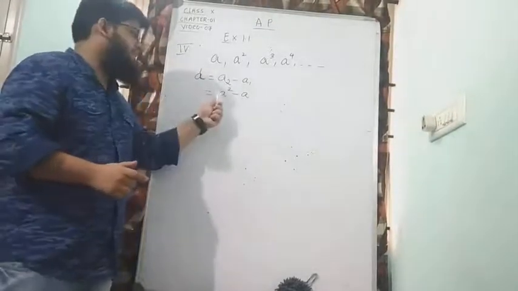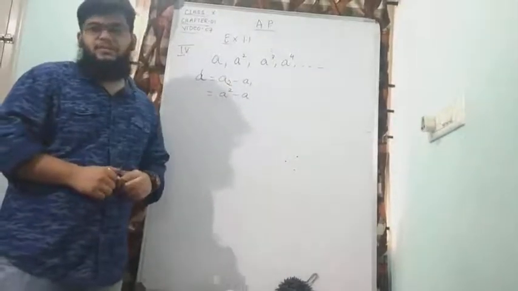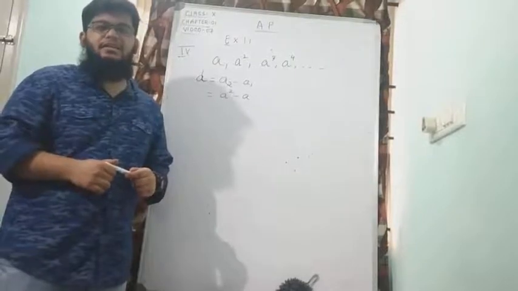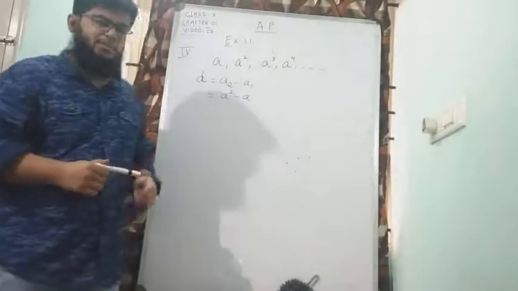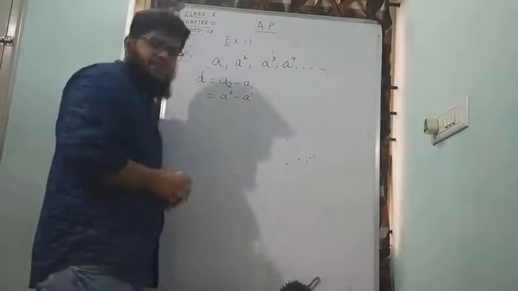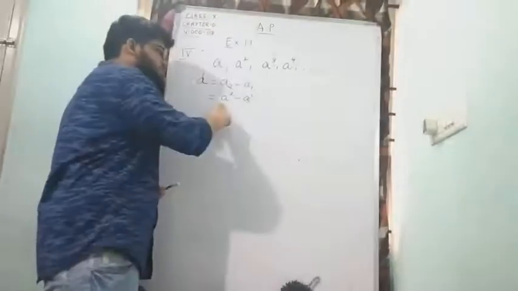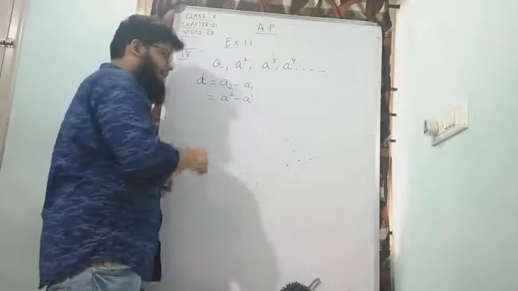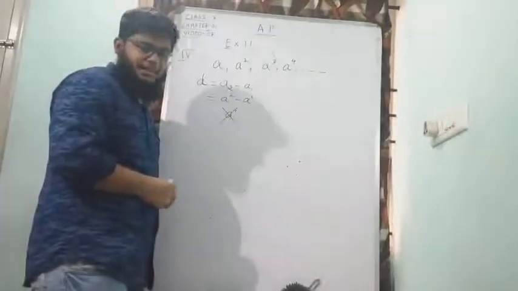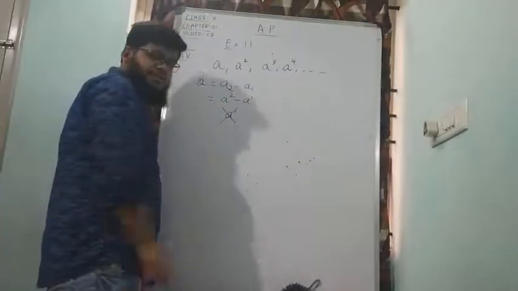So when it comes to subtraction of exponents, we learned what is exponents in previous classes earlier, right? Numbers with powers are exponents. So I have got A square, and if there is no power here, the power will be 1. So if you are thinking A square minus A power 1 will be A power 1, it is wrong. You can't subtract it like that. So there is no subtraction possible as such.